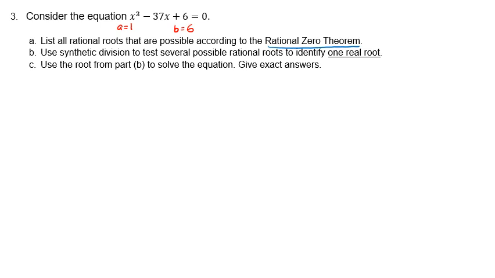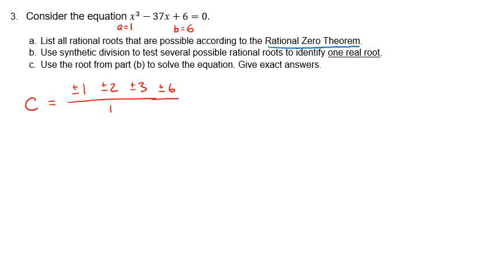So the only values for c that might give us a 0 remainder are going to be some factor of the number 6, so numbers that divide evenly into 6. So 1 goes into 6 six times. 2 goes into 6 three times. 3 goes into 6 two times. And 6 goes into 6 one time.